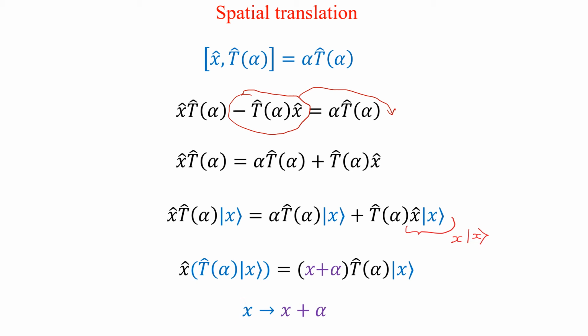In this case, x shifts from x equals 0 to x equals α. There is a shift in the position. Once the translation operator acts on the ket |x⟩, it will shift by a distance α. So that is the importance of the translation operator T(α).